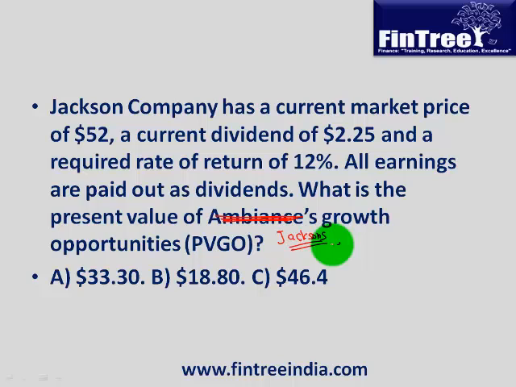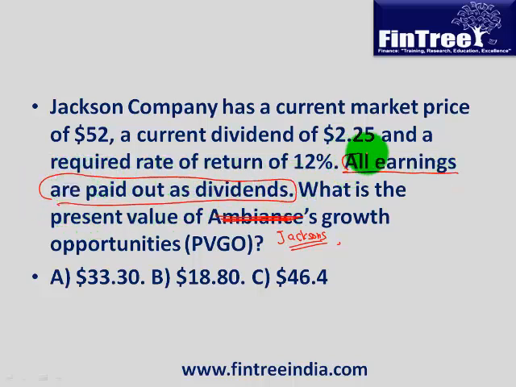See, the trick here is all earnings are paid out as dividend. If all earnings are paid out as dividend, your retention ratio is 0. Retention ratio is 0, your growth rate is 0. Your growth rate is 0, the current dividend and next dividend is going to be the same.